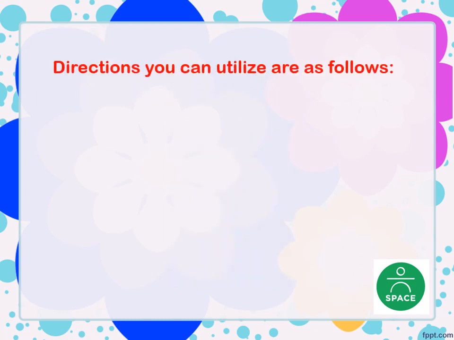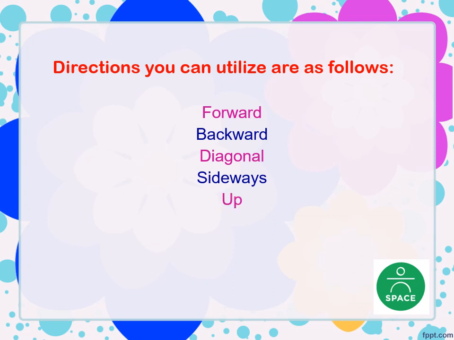Directions you can utilize are as follows: forward, backward, diagonal, sideways, up, down, left, right. Change the direction of your movements to make excellent use of your performance space. Doing this will also keep your dance unpredictable and thus make your dance exciting to watch.